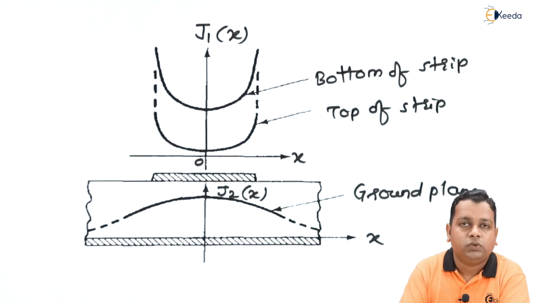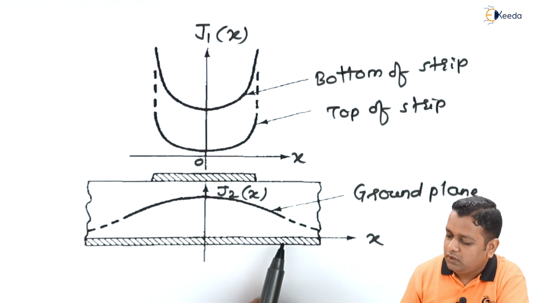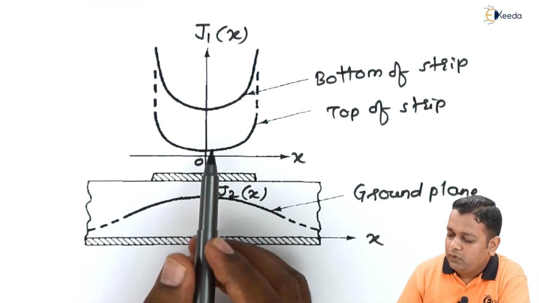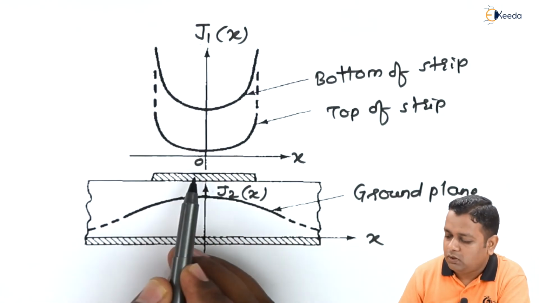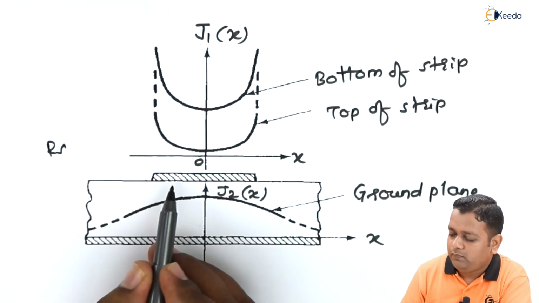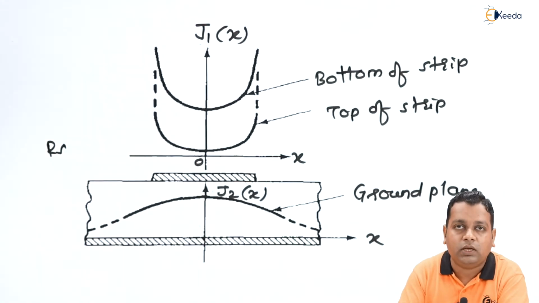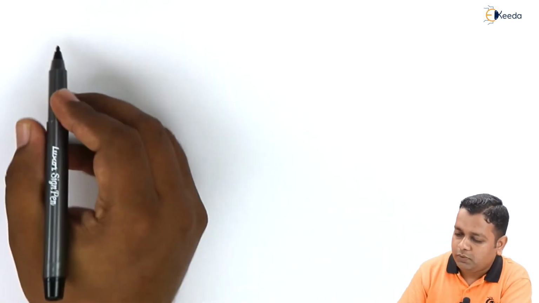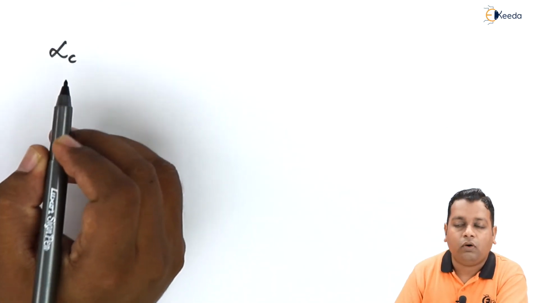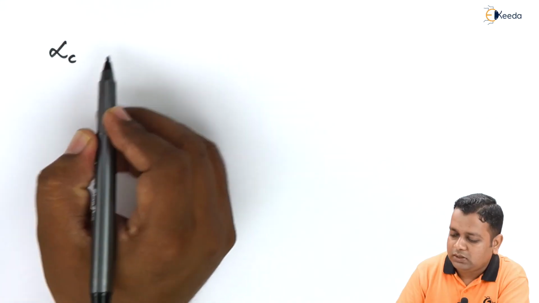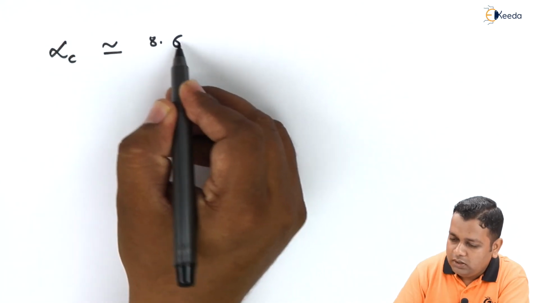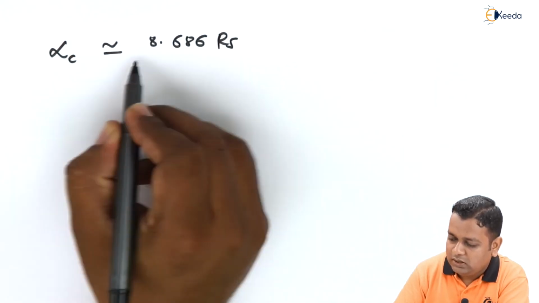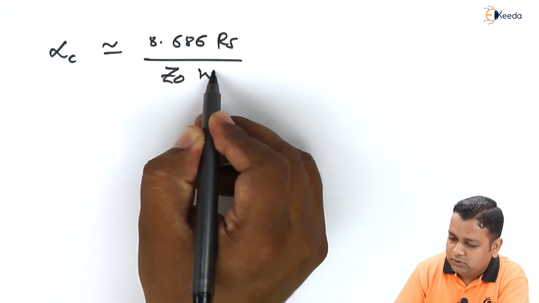The thing is very clear: for the ground plane we have somewhat of a uniformity, but at the top strip we have two different curves, because of the surface resistivity of the portion exposed to the air. Assuming all these aspects, the attenuation constant for the conductive material is denoted as alpha c, and it is approximated to the value of 8.686 times Rs divided by Z0 times W.